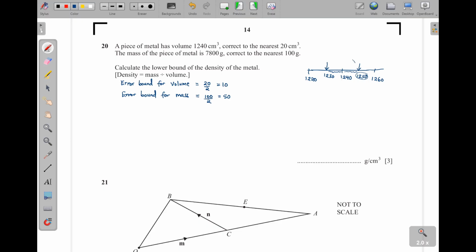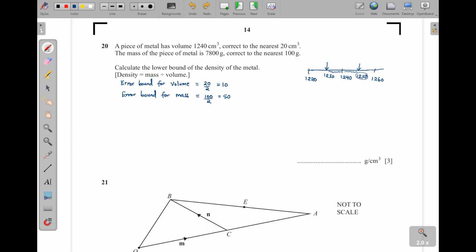That's why we want the numbers that are below this one. So from here and there, they will give us this. So this is the range within which 1240 lies. So we go half this side and we also go half this side. That's why we divide this one by 2.